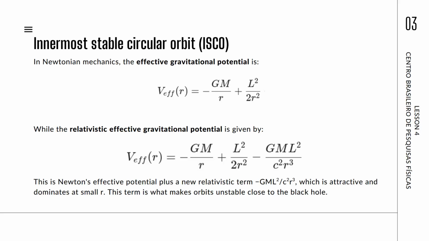So in Newtonian mechanics, the effective gravitational potential is written like this. This is the gravitational potential, and this is due to angular momentum. It has a form that you all saw, it's the same thing for gravitational systems or electrical systems.